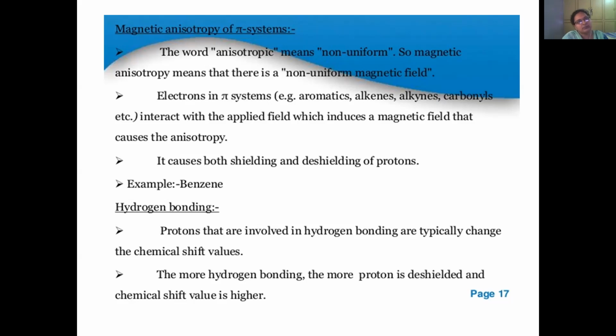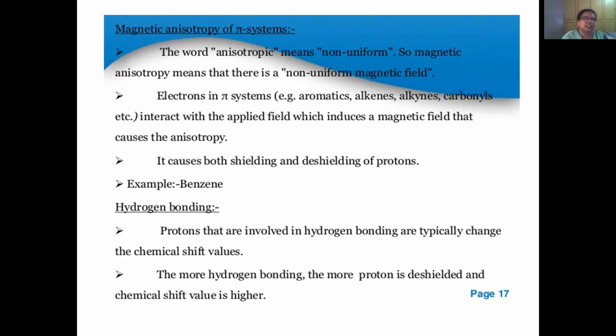If you take benzene as an example, the pi systems already produce a magnetic field, and externally you are applying a magnetic field again. So anisotropy conditions prevail, which cause both shielding as well as de-shielding of protons.